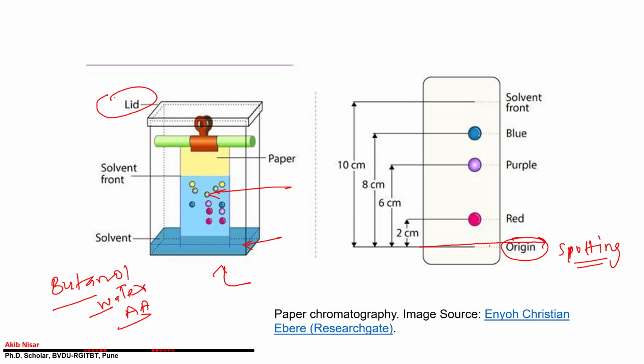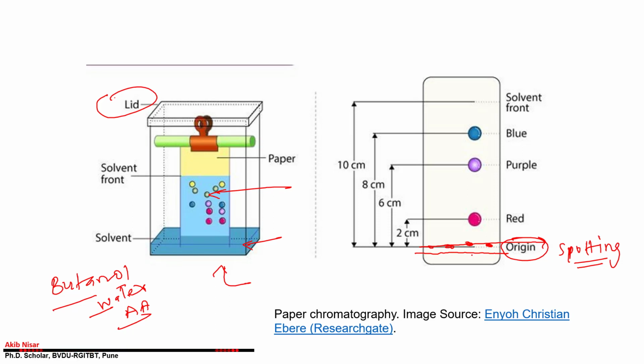When you spot your amino acids on the spotting line, after spotting you have to air dry the spots, and then you keep this paper into the solvent. You have to avoid touching the spots to the solvent, because they will dissolve into the solvent and you will not get the results.